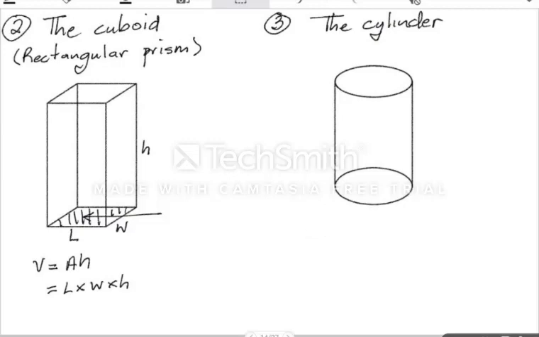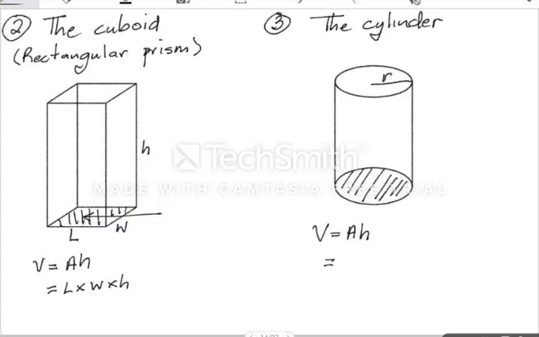Now, the volume of all solid shapes with a uniform cross section is given by the formula V is equal to A times H. Again, A in this formula stands for the area of the uniform cross section. So again, the uniform cross section is a circle.